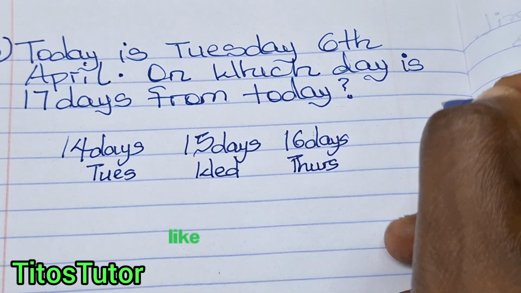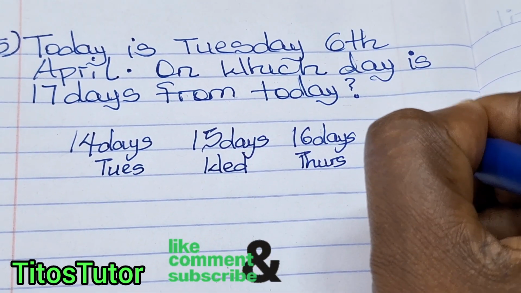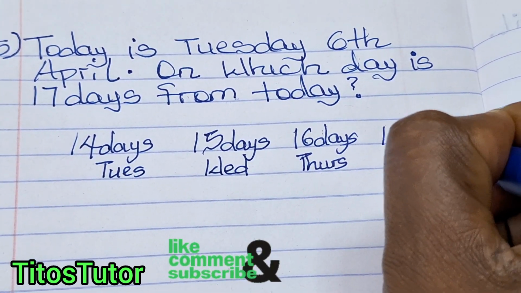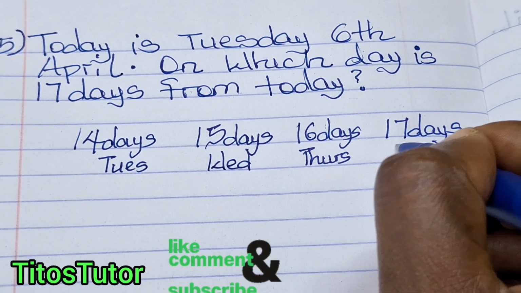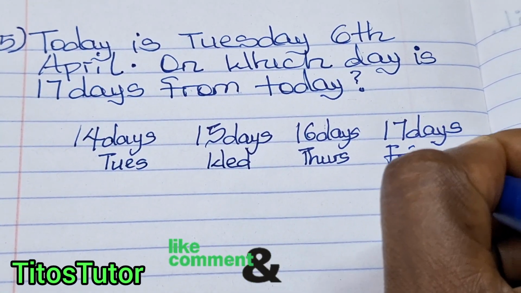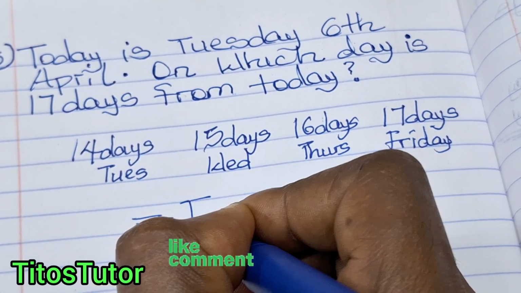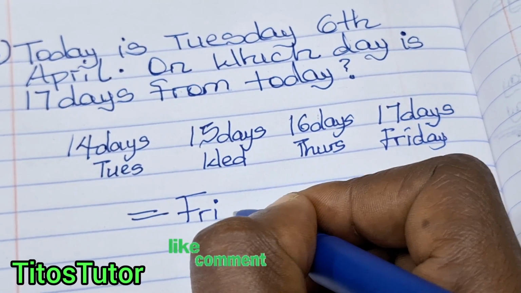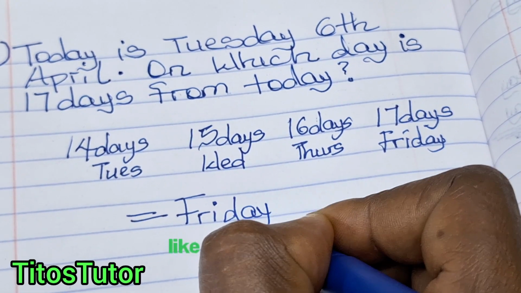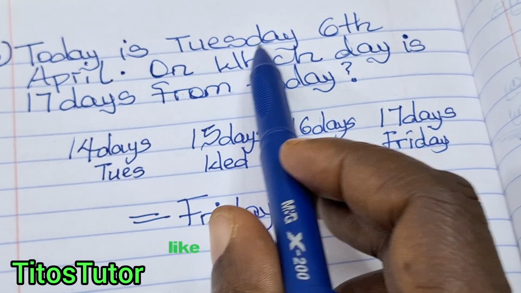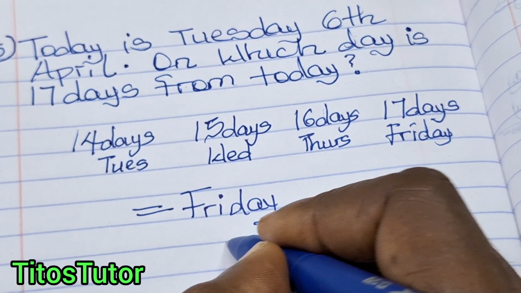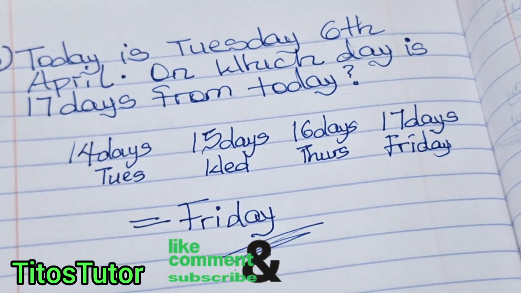And the question they're asking us, which is the 17 days from today, it will be a Friday. So our final answer is Friday. 17 days from Tuesday the 6th will be on a Friday.